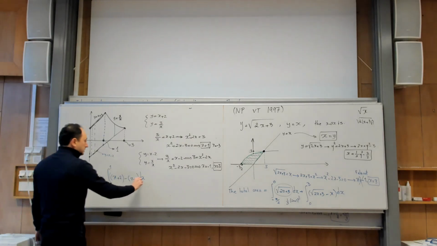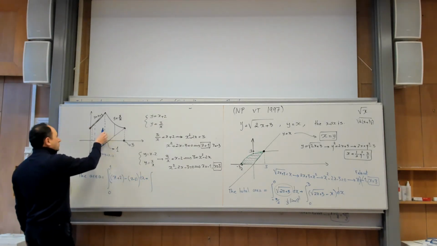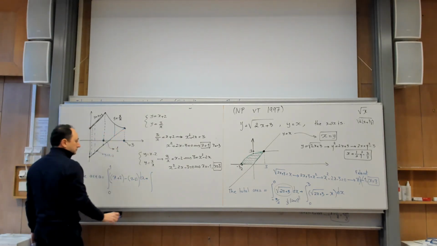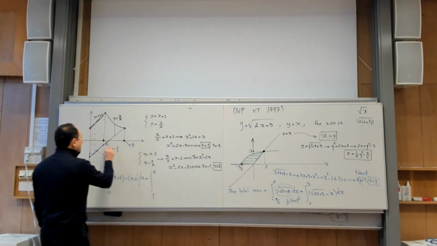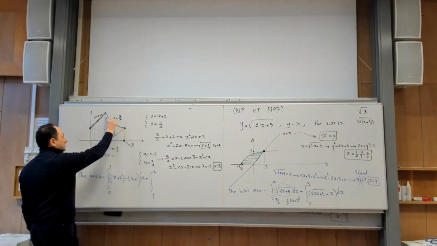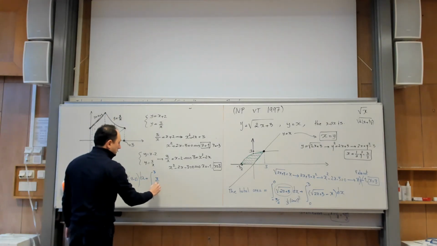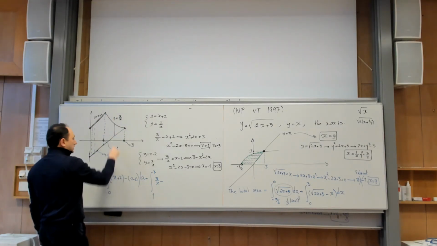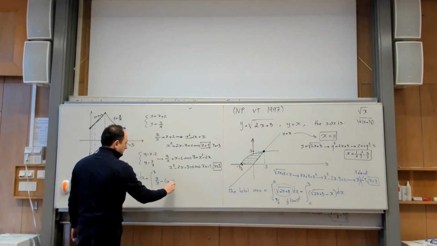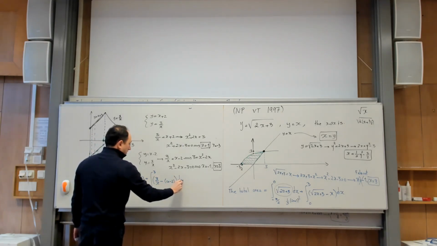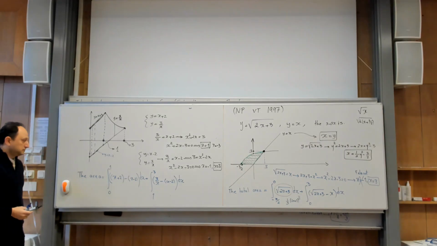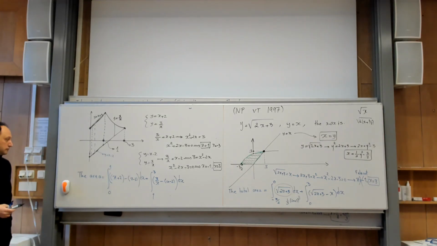Plus the integral, I go from 1 up to 3. The function above is this function, 3 over x, minus the function below, x minus 2. Yes? Any questions here?